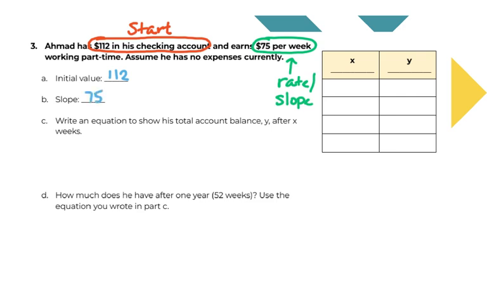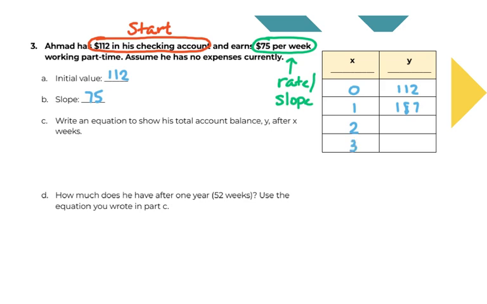So if we wanted to make a table, we could say, okay, at time 0, he's at 112. When 1 week has gone by, we're going to add 75 to that. So now we're going to be at 187. If another week goes by, we can add another 75 and then add another 75.